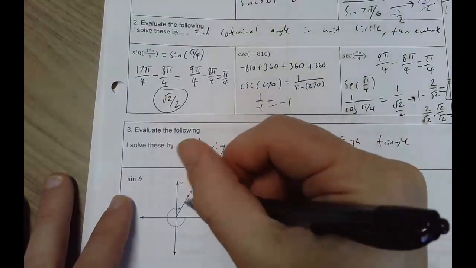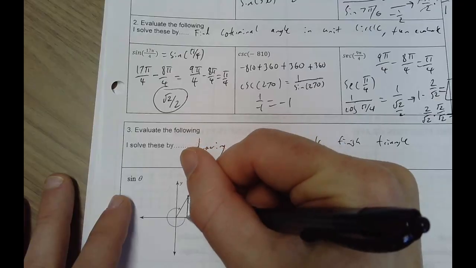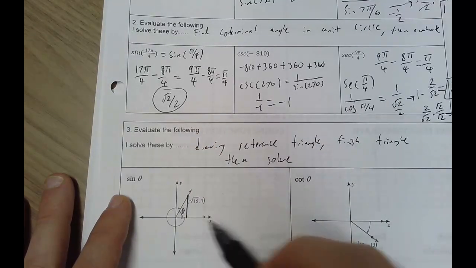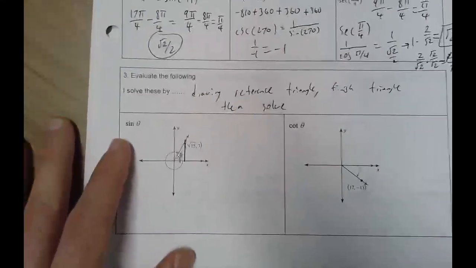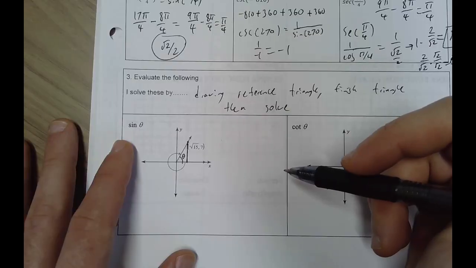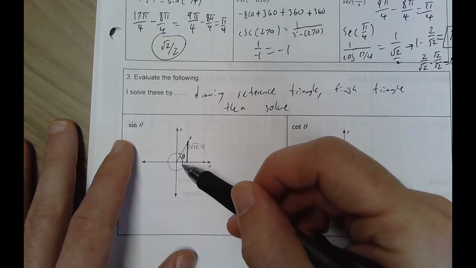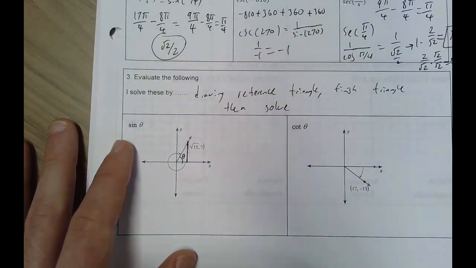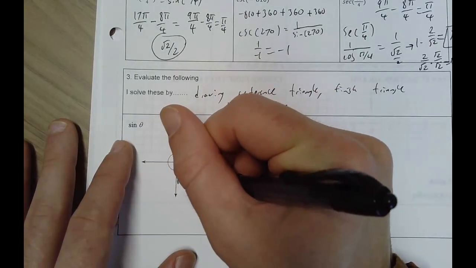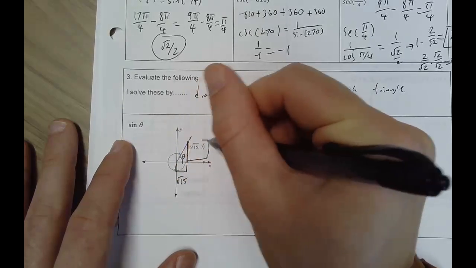So here, this is our reference triangle. You just go straight to the x-axis, to the closest x-axis, right? And the acute angle that's formed is your reference triangle. And so because this is root 15 comma 7, that means that this distance here is root 15, and this distance here is 7.